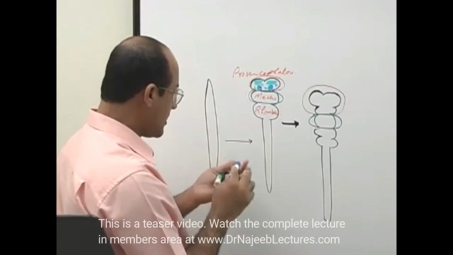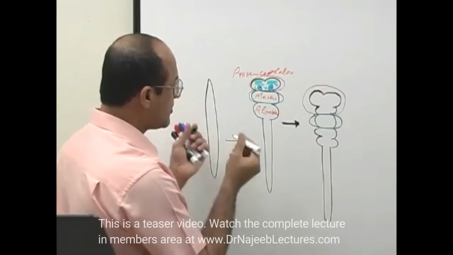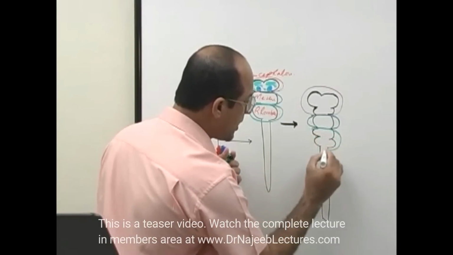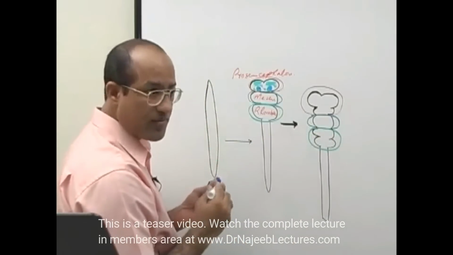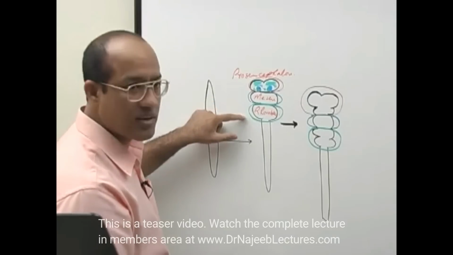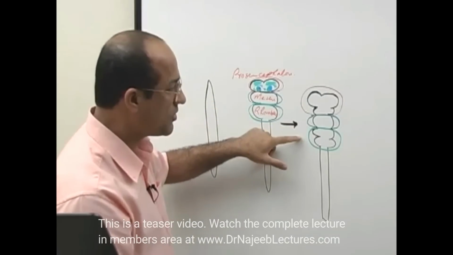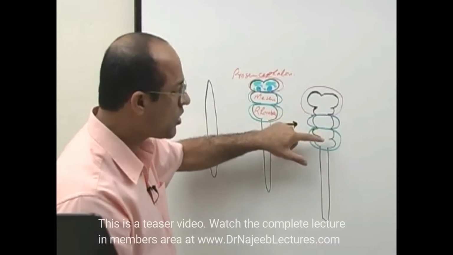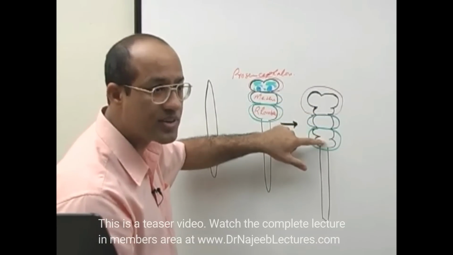The rhombencephalon further develops into two parts. Now, out of three primary vesicles, with further development of the central nervous system we have how many? 1, 2, 3, 4 and 5 vesicles.